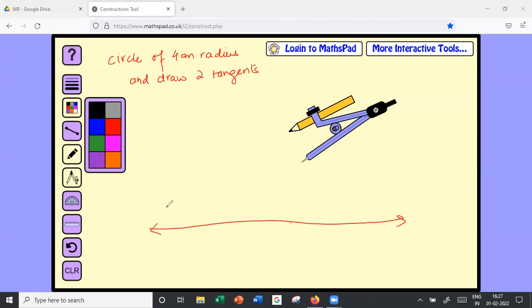You might need a bit more space on the left. This is one of the questions in the workbook itself.